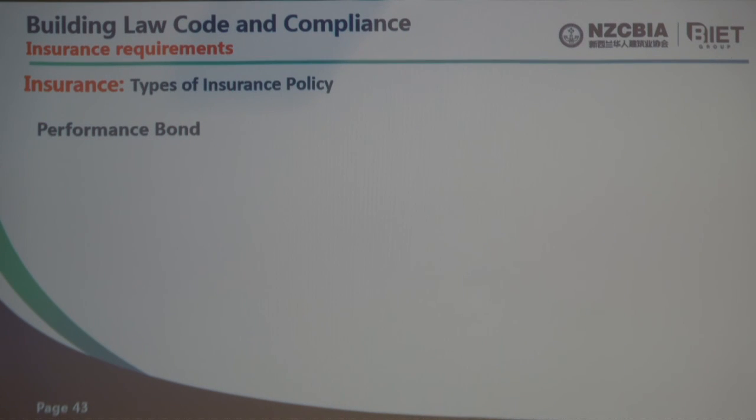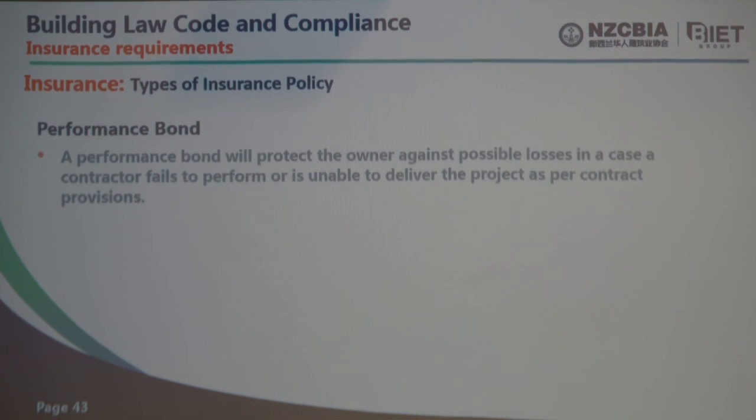Strictly not an insurance from your perspective, but it certainly is from the owner's perspective, a performance bond. A performance bond will protect the owner against possible losses in case the contractor fails to perform or is unable to deliver the project. So you have put up, as the contractor, a financial bond.